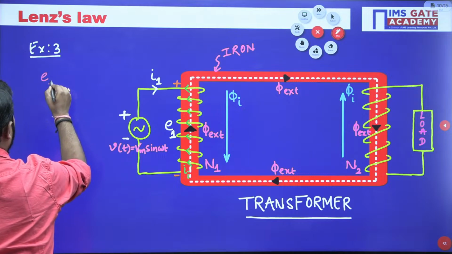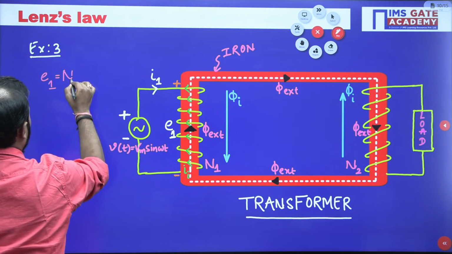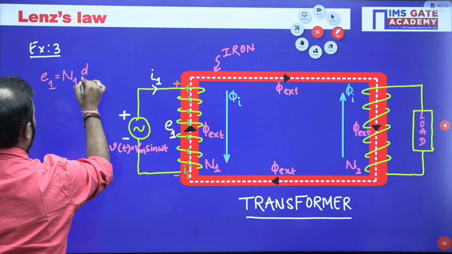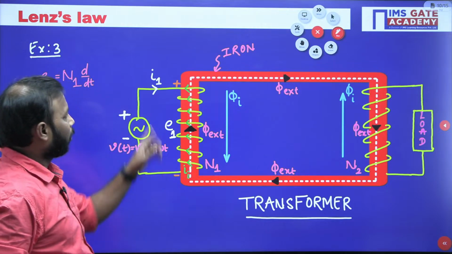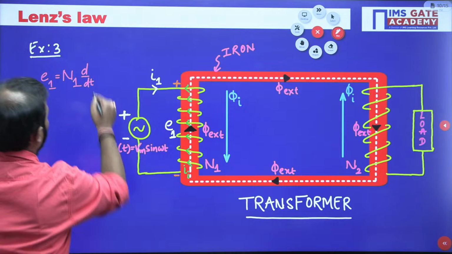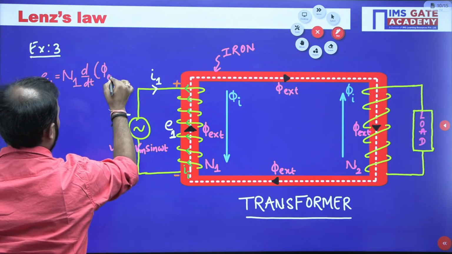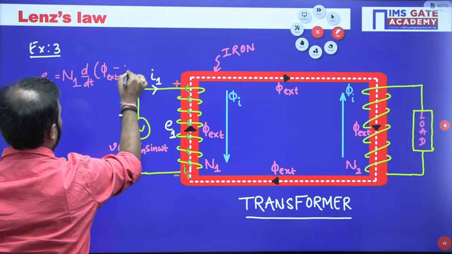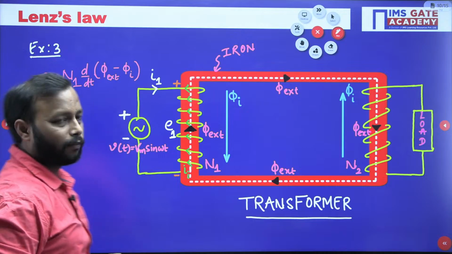E1 is the number of turns of this coil, N1, times d phi by dt. What is the flux flowing through this coil? One flux is phi external and another flux is phi I. So the net flux is phi external minus phi I. So this is your E1 value.